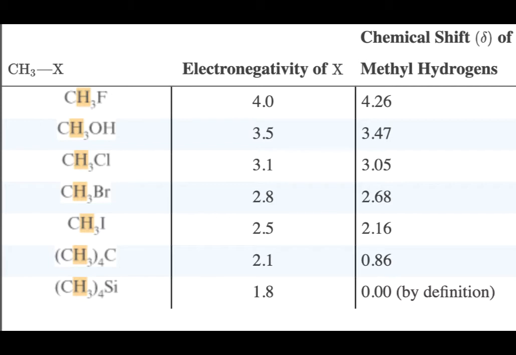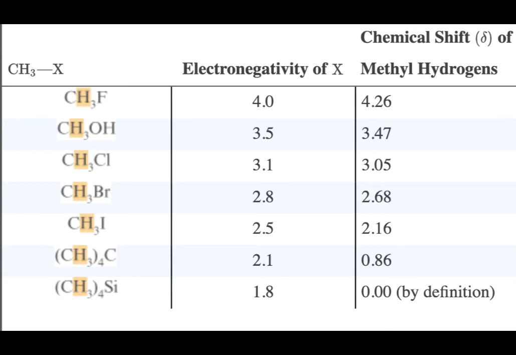So if there's any bond that's going to really polarize when bonded to carbon, it is fluorine. So what happens here is a strong electronegativity deshields the protons that are attached to the methyl group. This is just like we saw with the bromine example. But one fluorine is a lot more potent, if you will, in its deshielding effect than, say, one bromine.